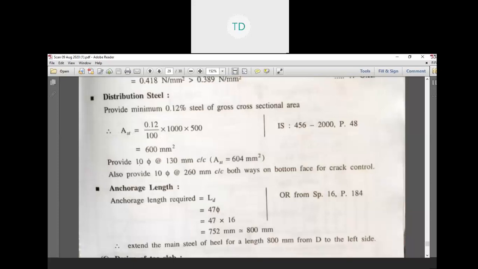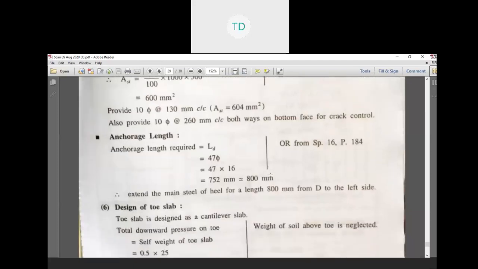From this calculation we are able to provide 10 diameter at the rate 130 mm center to center, and the actual AST is 604 mm square. Also provide 10 diameter at the rate 260 mm center to center both way on bottom face for crack control purpose. Now anchorage length.